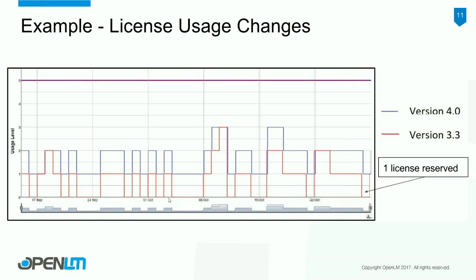Now, as you see, version 3.3 had skewed data as a result. Now it's much better handled, and you'll better understand what's going on with your licenses. So you won't have issues when a license seems available but users still get denied. So the reporting method is much more accurate.